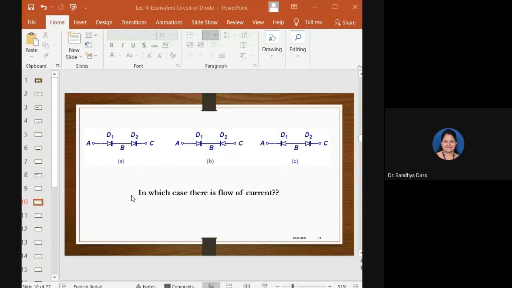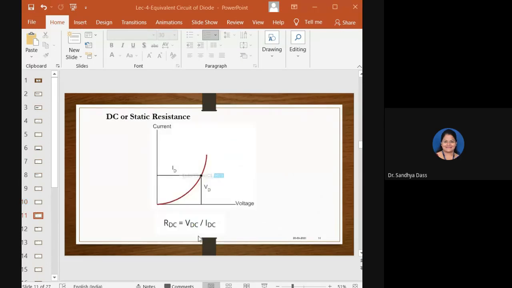The applied voltage can be DC or AC, right? So the two types of resistance that we can observe in forward bias diodes are, first, static resistance or DC resistance, and second, dynamic resistance or AC resistance.